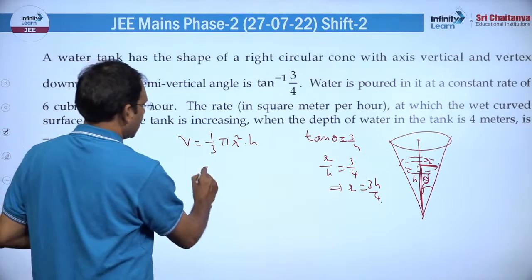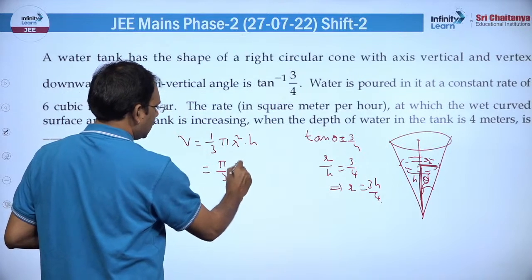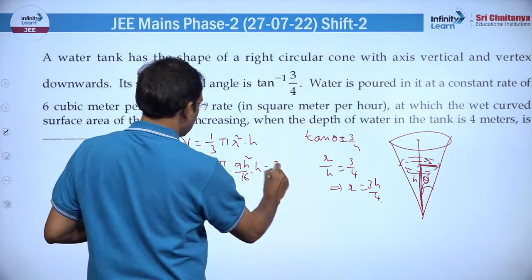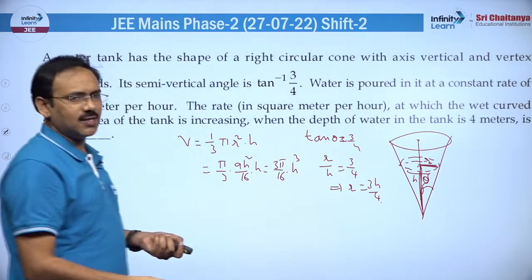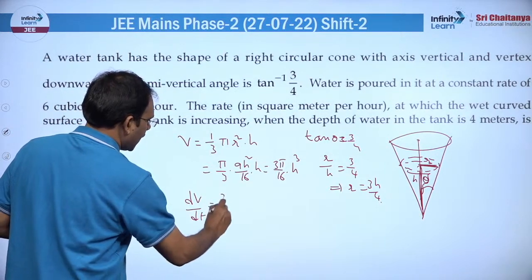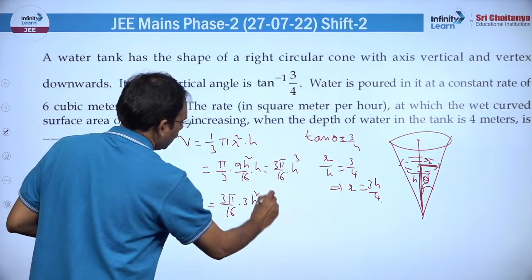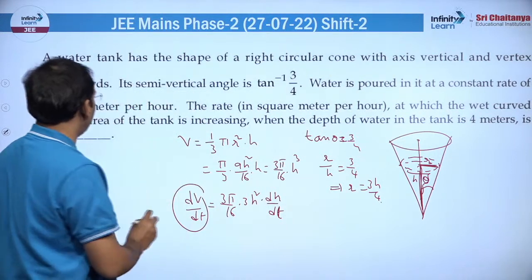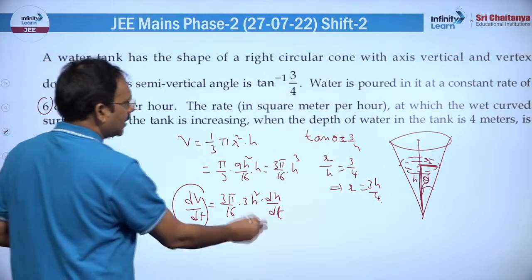That gives pi by 3 into 9h square by 16 into h, which is 3 pi by 16 h cube. Now, my dear friends, dV by dt is given as 3 pi by 16 into 3h square into dh by dt. He has given dV by dt as 6, so you will get dh by dt.